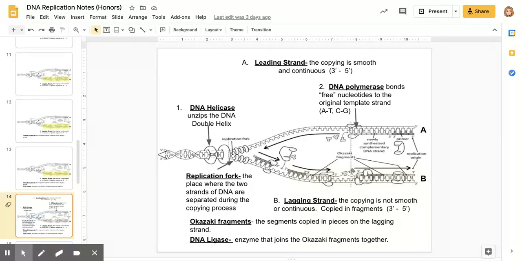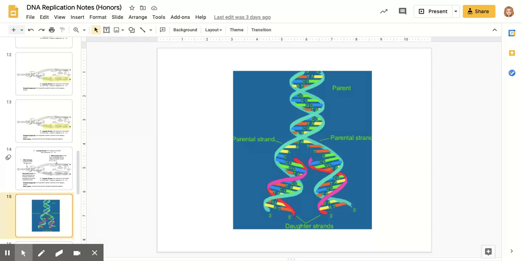So this is our summary here of what's happening during the replication or the DNA copying process. There is a lot of detail there, but we can summarize it by using a couple of different models. Here we have the original strand of DNA in a turquoise blue, and we also call that the parent or the parental strand.